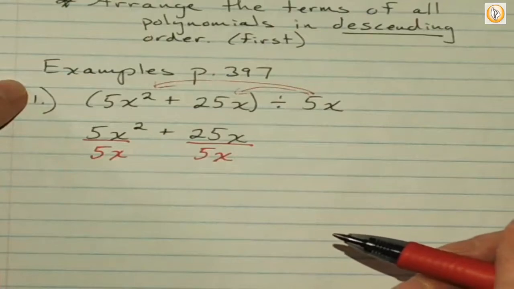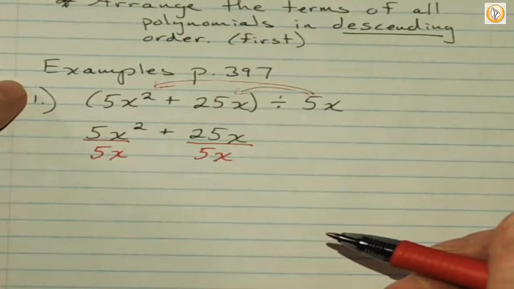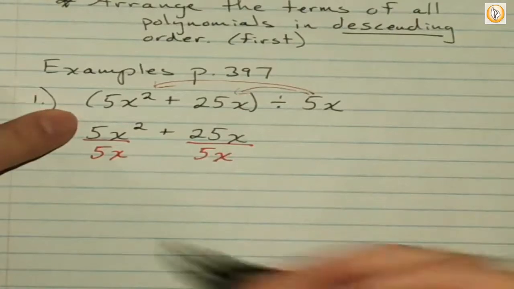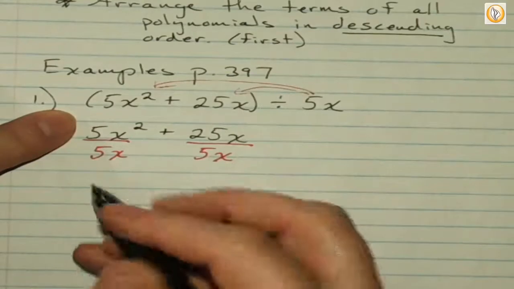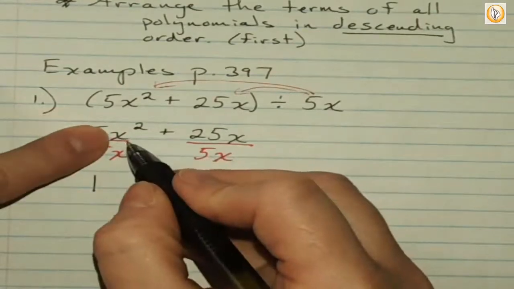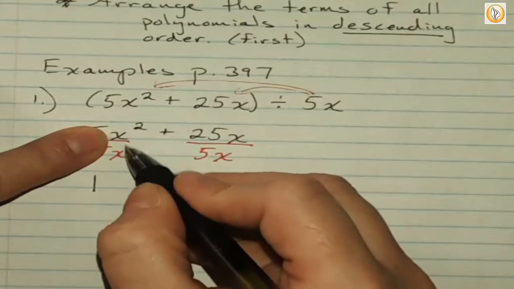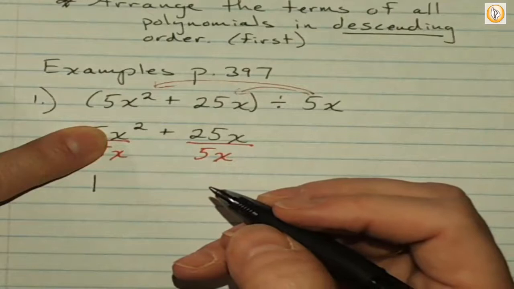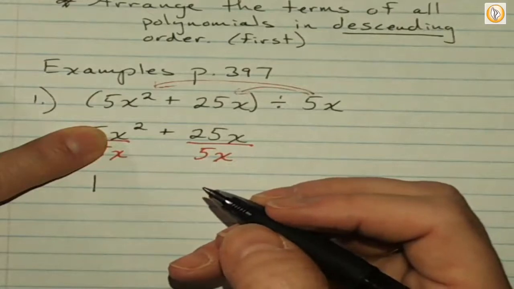Does that make sense? Any questions so far? Cecilia, what is 5 divided by 5? 1. And then look right here. If the bases are the same and we're dividing, what do we do to the exponents?